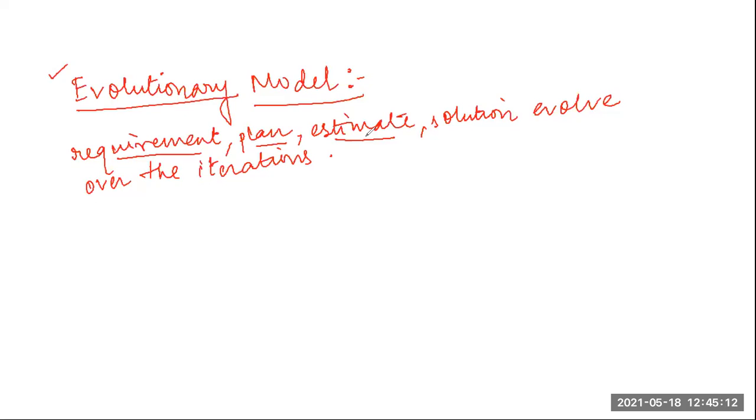These recent life cycle models have changed the paradigm. In this evolutionary software development process, the concept is design a little, build a little, test a little and deploy a little.